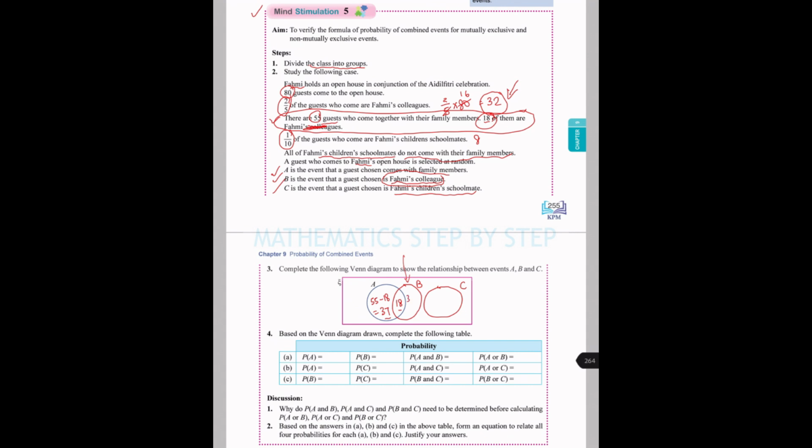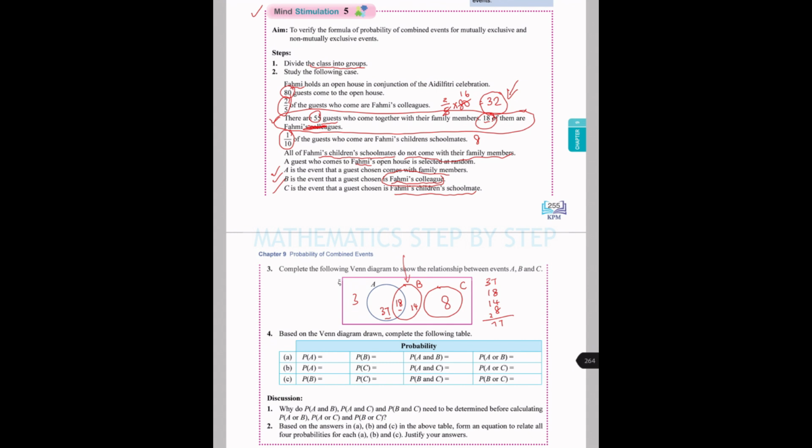So here is 32 minus 18 gives us 14. Okay, so now we know there are 8 of them here in set C. Okay, so now let's add up. 37 plus 18 plus 14 plus 8 equals 77.